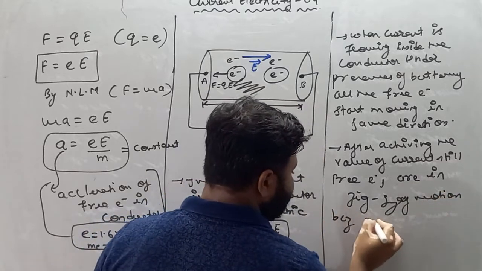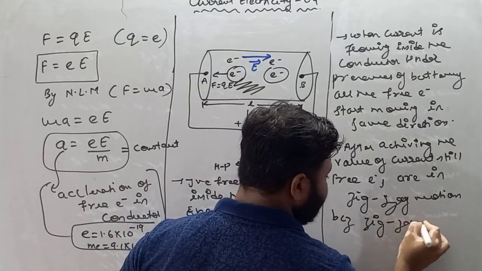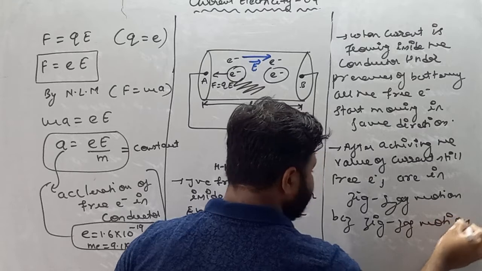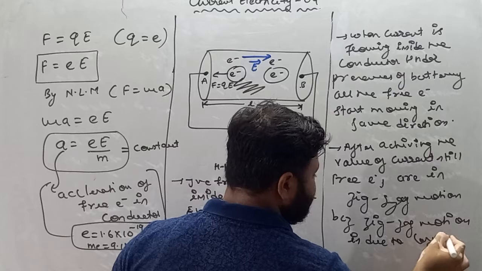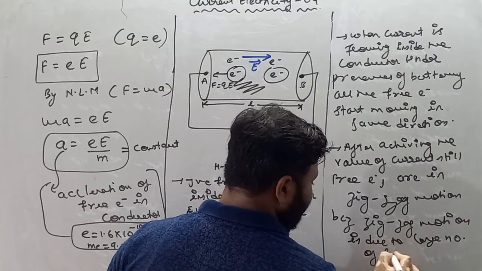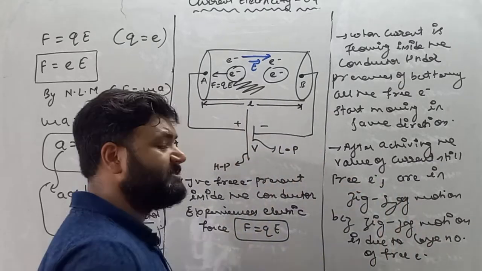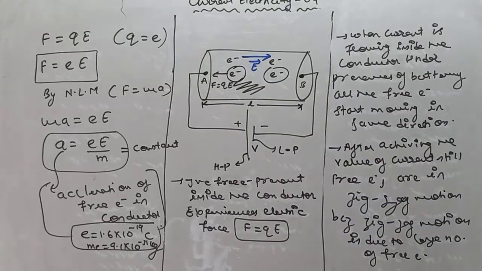because zigzag motion is due to the large number of free electrons. So my dear student, one more thing must be clear in your mind: before connecting the battery, current is not defined, and the motion of free electrons is zigzag.